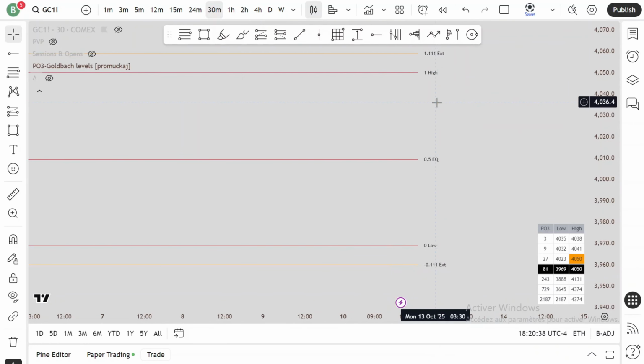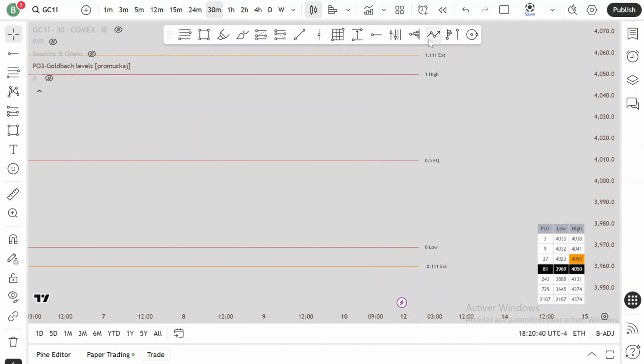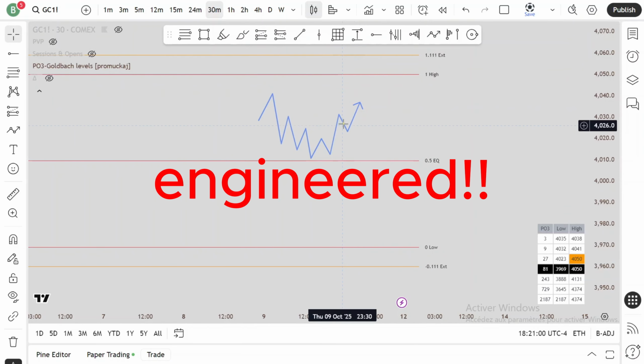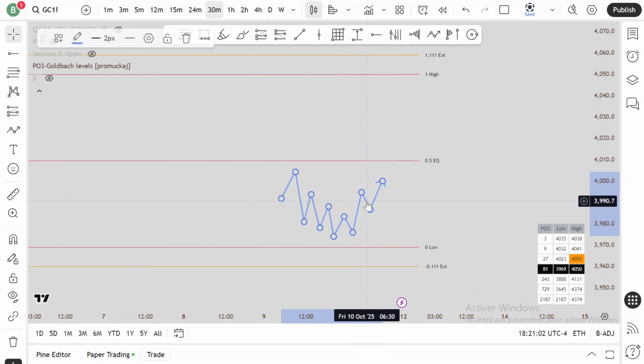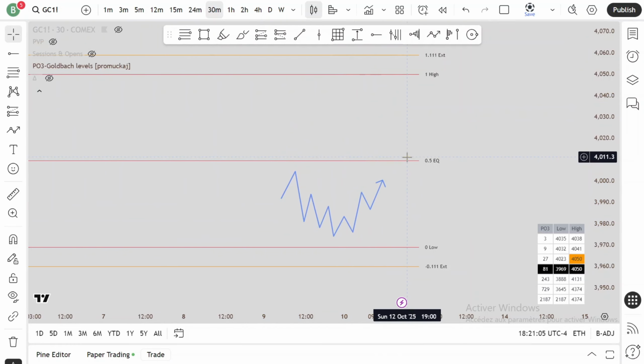If we only keep this, and we have the same theory that PD arrays should hold only in their partition, that means any swing highs and swing lows made from the high to EQ are premium liquidity. Highs and lows printed from EQ to low are discount liquidity, but not protected liquidity.